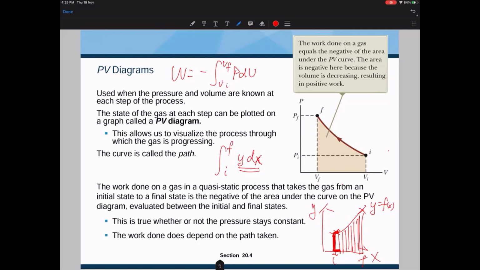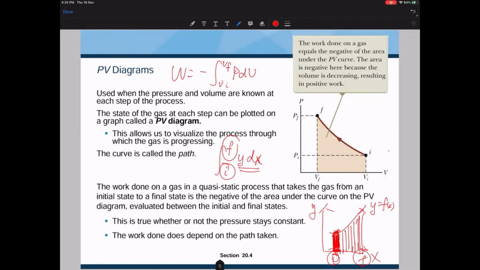So you are adding up all the areas of these rectangles from the initial point to the final point. So basically, it refers to the area under the curve. All integrations have this physical meaning. It is the area under the curve.